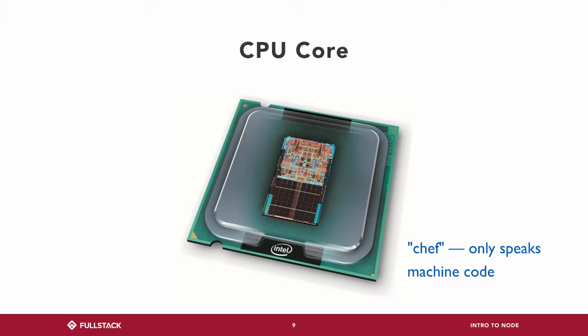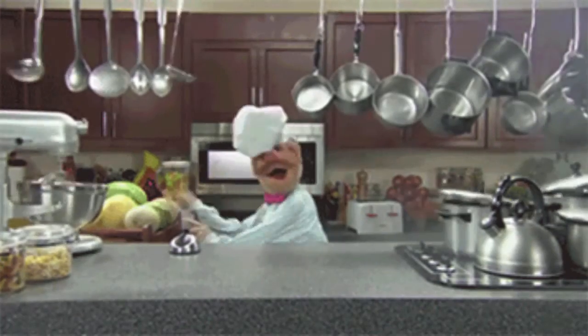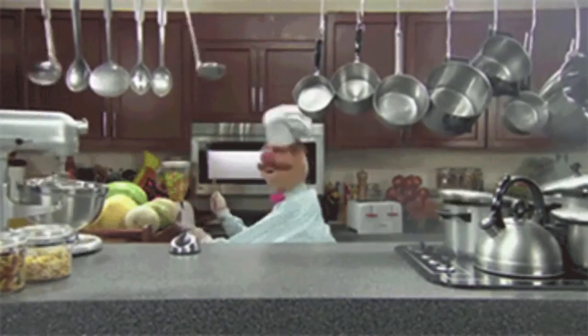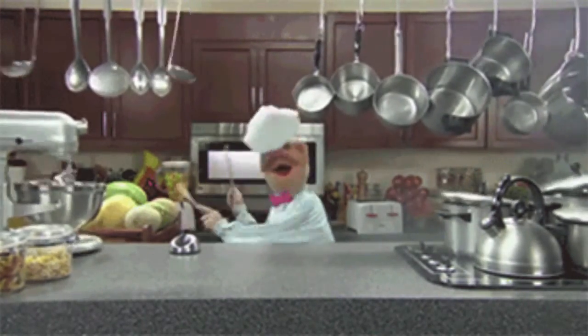The programs that we write, which could be JavaScript, C#, Java, pick a language, at some point are going to be processed down to machine code so they can run on the CPU. So we've got the chef in the kitchen doing all these things. Things can get a little bit hectic.